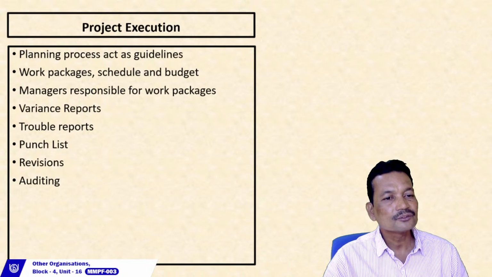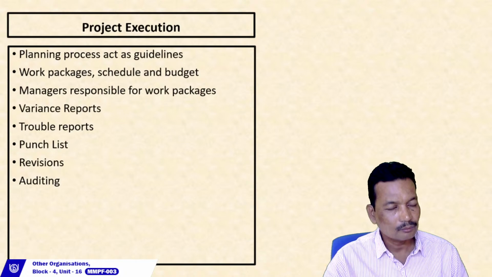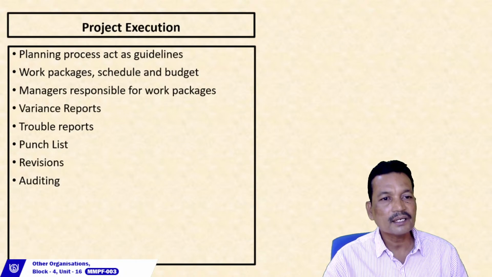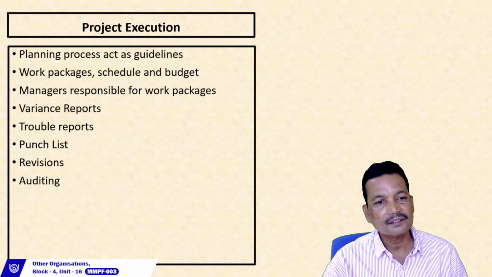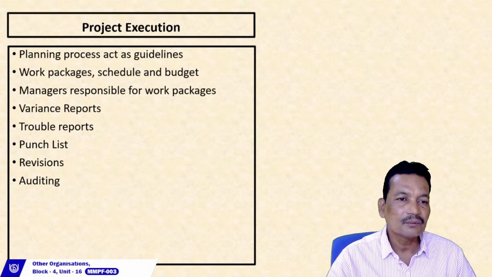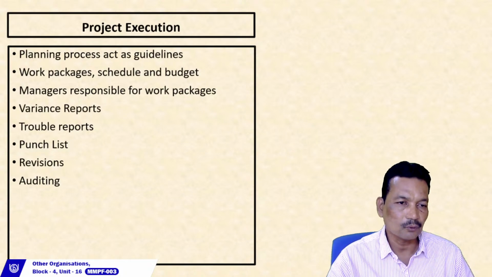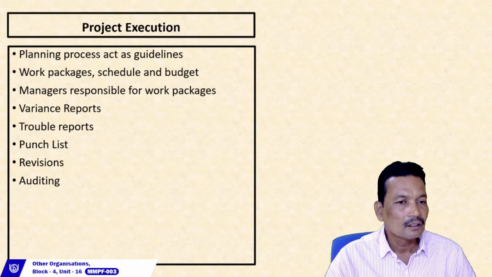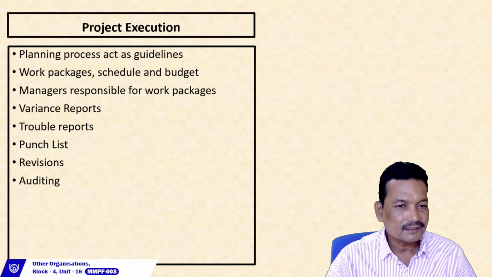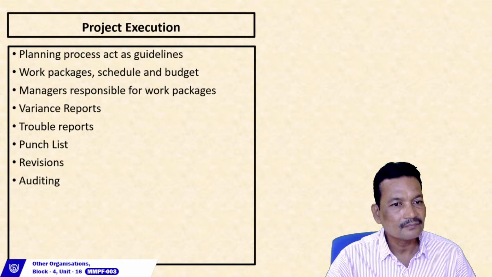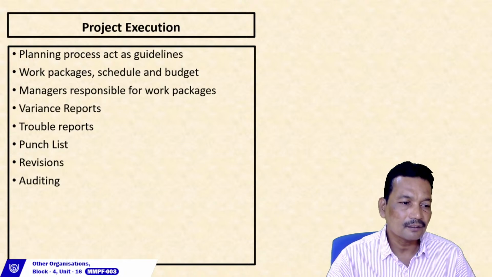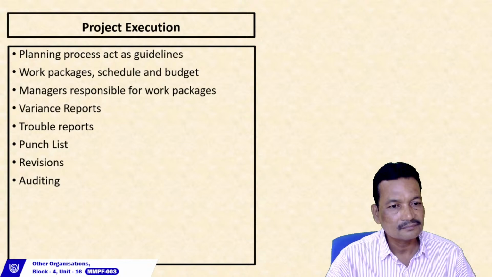Periodical reviews: if we look at the status of the activity at periodic time periods, then we can have variances and prepare a variance report. If any kind of troubleshooting is there, then you have to prepare trouble reports.